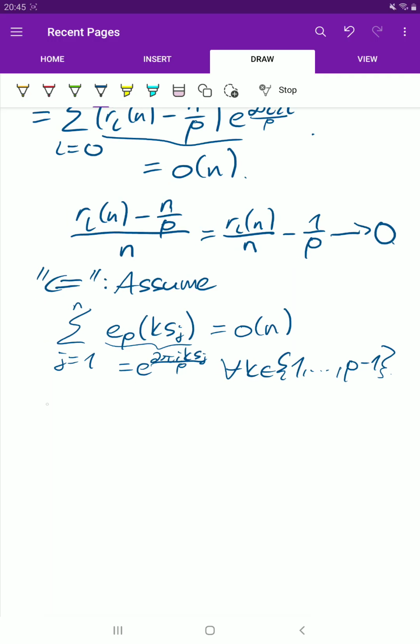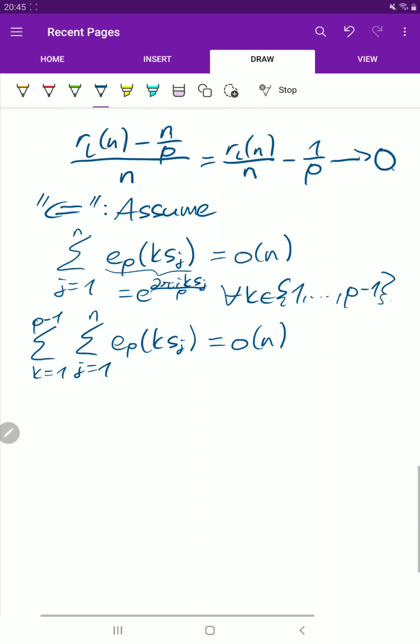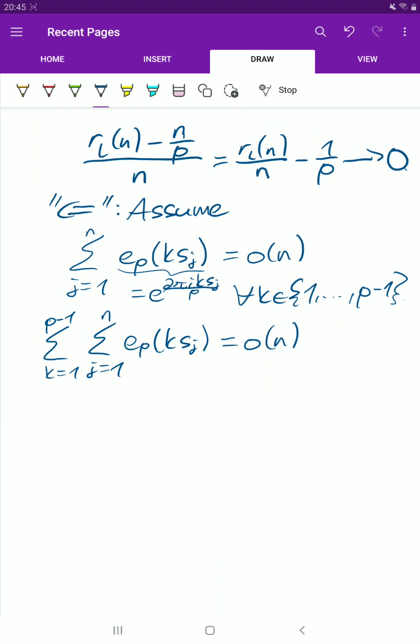Okay, so that's our assumption. Now let's do kind of the simplest thing we can do. Let's sum all our equations up. So the sum over k, then the sum from j equals 1 to n of e_p of k s_j, and since the prime p is fixed, this is still in O of n. Okay, so we have this. Now let's try to get rid of this k times s_j.